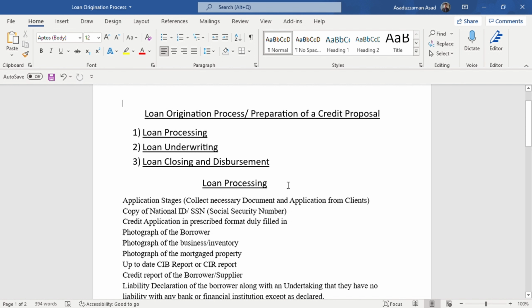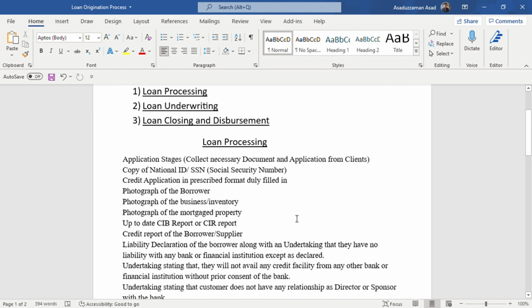You will have to prepare a stock report if the borrower is a business holder or businessman, and an up to date CIB report or CIR report, I mean credit information report, from the authorized organization. You will have to collect the credit report of the borrower or supplier.